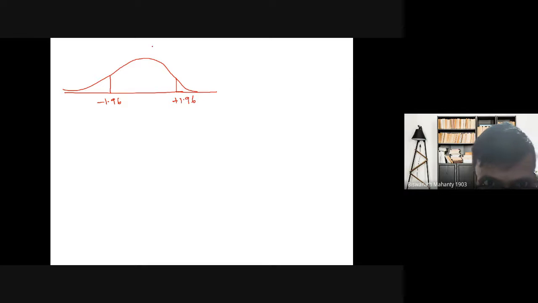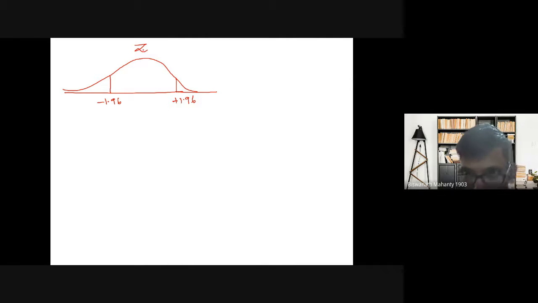Let me come to this point. I told this line is free, so I'm describing it in simply one line. Probability of my Z, for example, I'm writing this is minus 1.96 and this is plus 1.96, and Z is the distribution.